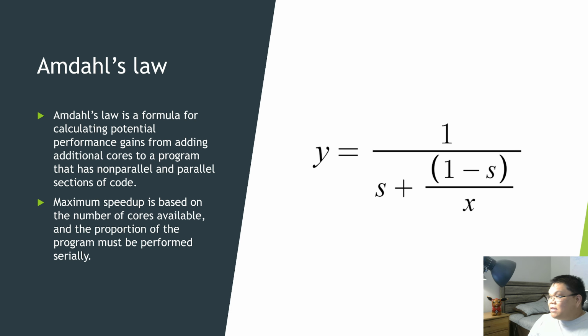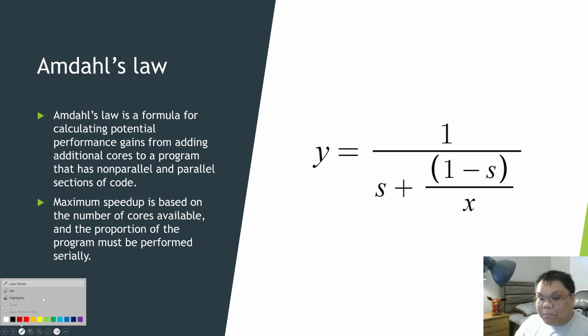Oh yeah, and Amdahl's law. This is a formula for calculating potential performance gains from adding additional cores to a program that has non-parallel and parallel sections of code. So this is something that I oftentimes like to demonstrate visually.